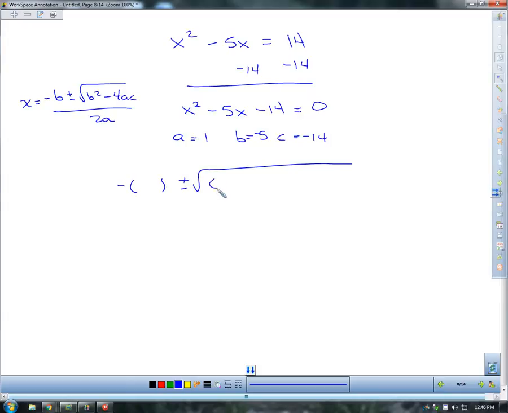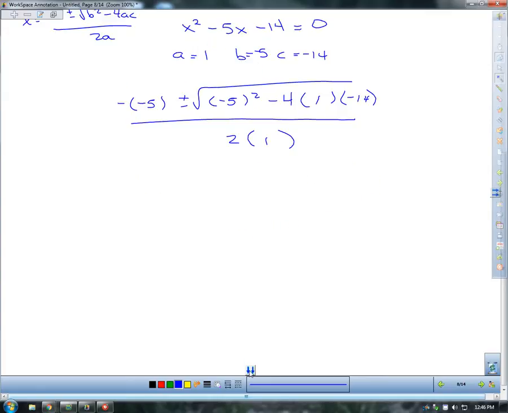So we got b squared minus 4ac all over 2a. Okay, so b is negative 5, so I'm going to put that there. a is 1. c is negative 14. And a is 1.